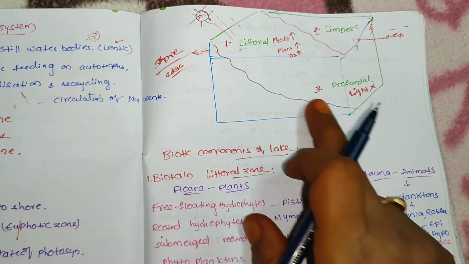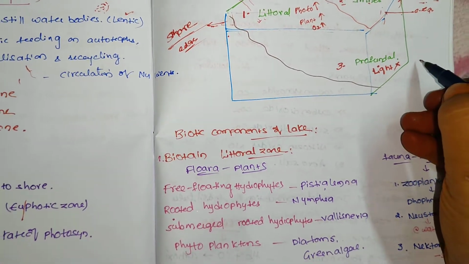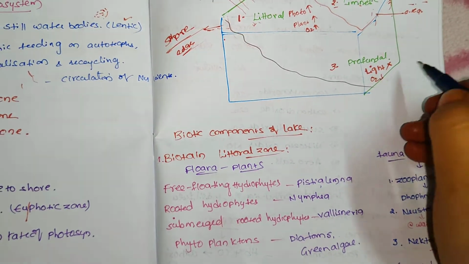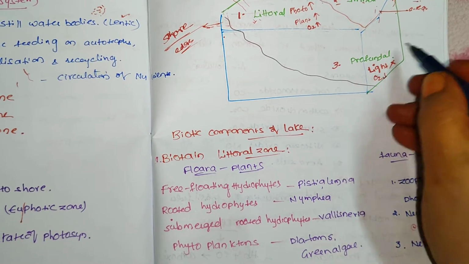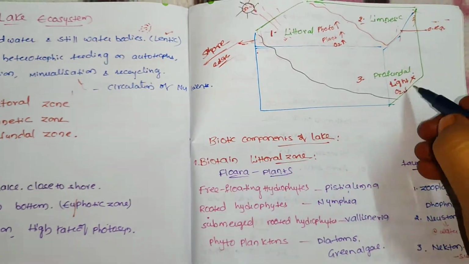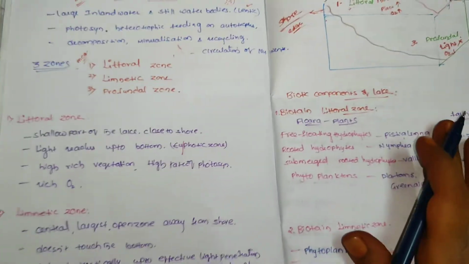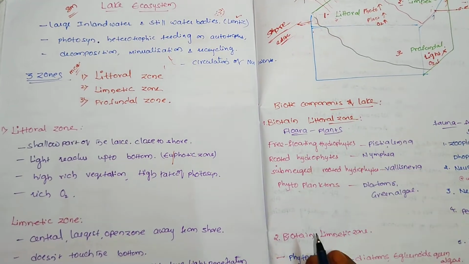There is no light, no photosynthesis and poor oxygen. The decomposition rate is also high in the profundal. Mineralization, decomposition and recycling happen in the profundal zone. That is the third zone.